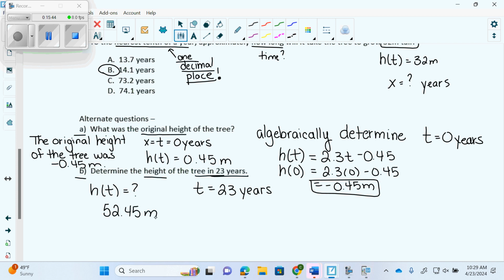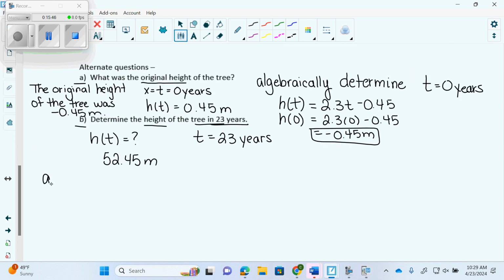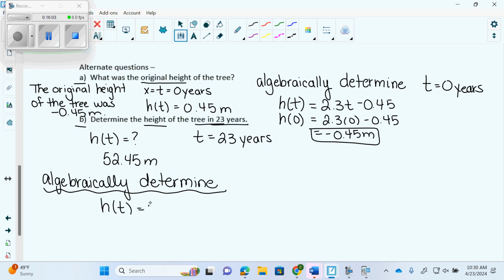Now, once again, what if it said algebraically determine? Can I use my calculator like I did if it said algebraically determine? No, I have to use my formula. My formula is h of t equals 2.3t minus 0.45. So this would be in the written response. I'm going to go h of 23, and then I plug that in. 2.3 times 23 minus 0.45.